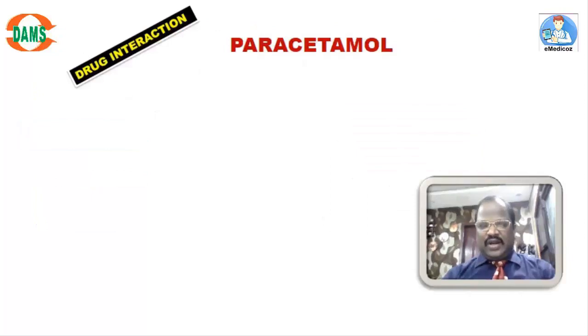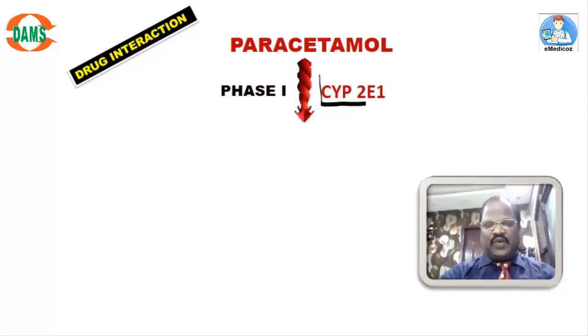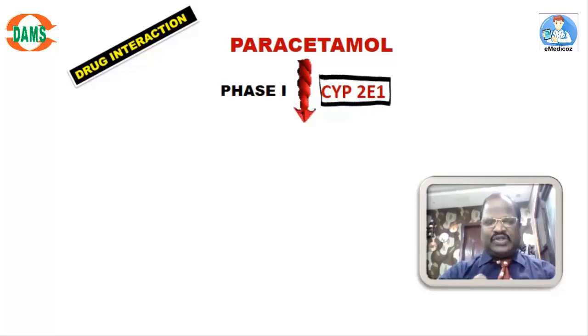Acetaminophen, the so-called paracetamol, first undergoes a phase 1 reaction by the CYP2E1 enzyme. Important question. A microsomal enzyme called CYP2E1. This enzyme is involved in the phase 1 reaction of paracetamol.